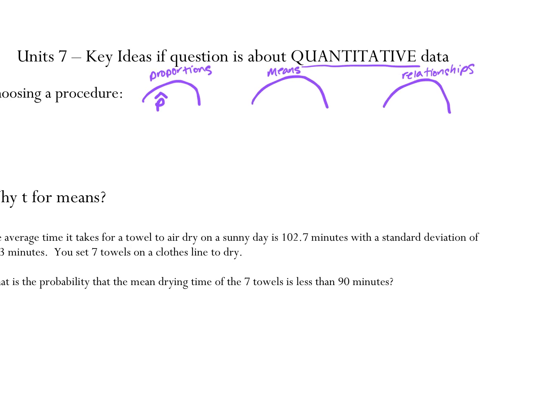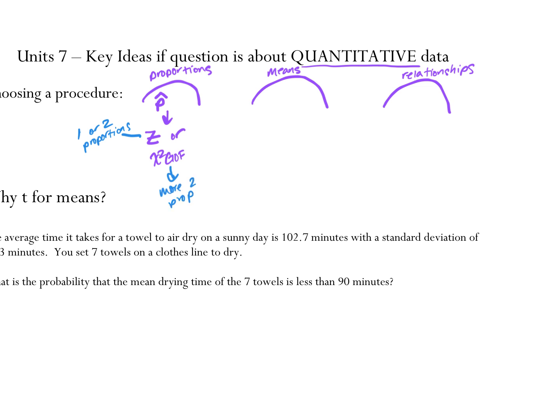So for proportions, every single procedure you're going to have is a Z procedure: Z tests, Z intervals, or a chi-squared goodness of fit. You would pick the Z procedures if you have 1 or 2 proportions in the problem, and you would pick the chi-squared goodness of fit if you have more than 2 proportions.